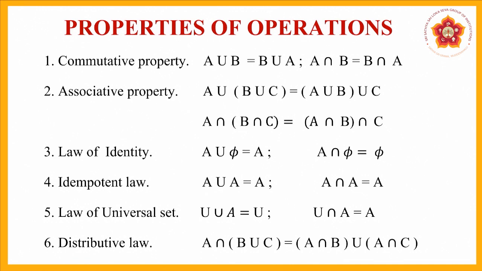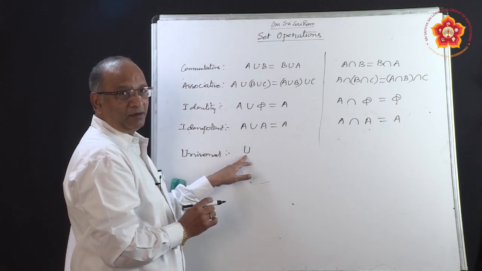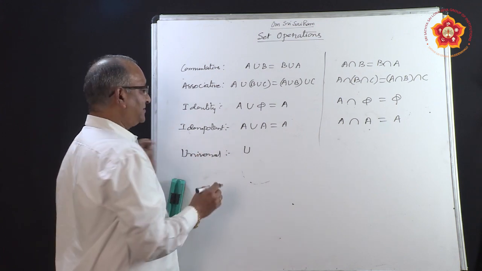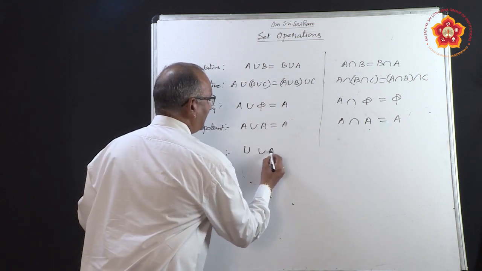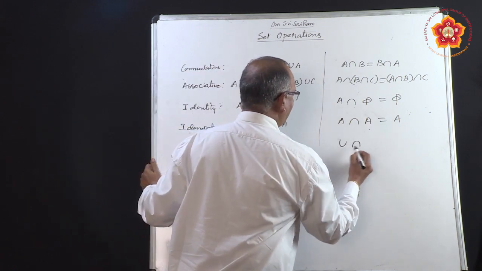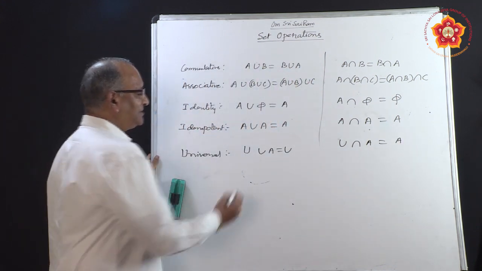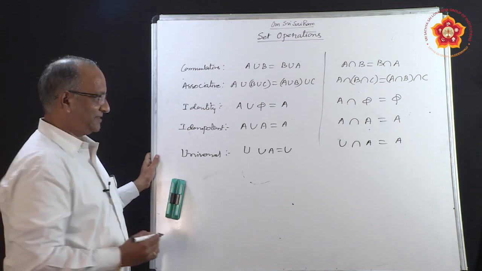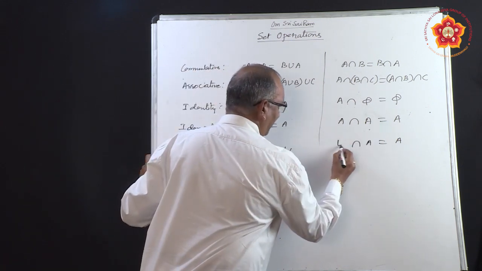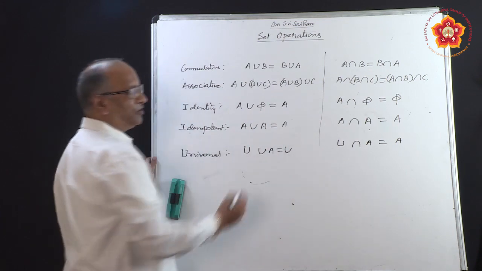Remember, here for the universal set we are using U. If we operate a set with the universal set, U union A, the answer is U, whereas U intersection A is equal to A. One is the operation, one is the universal set. This is the universal set and this is the operation. So universal set union A is equal to U.